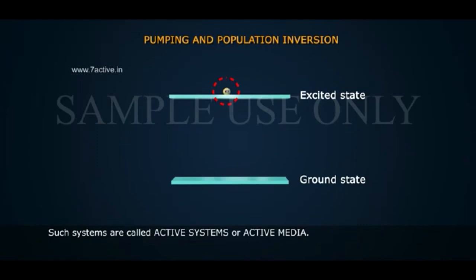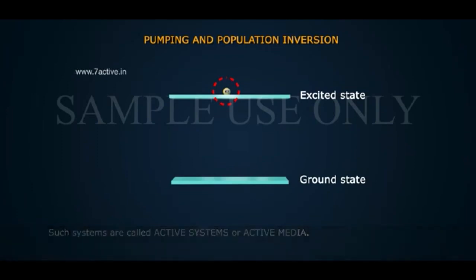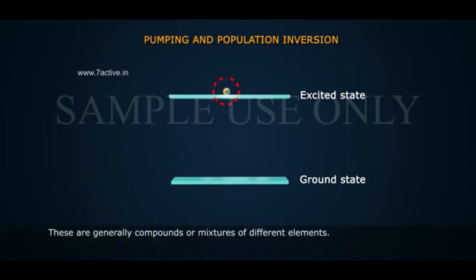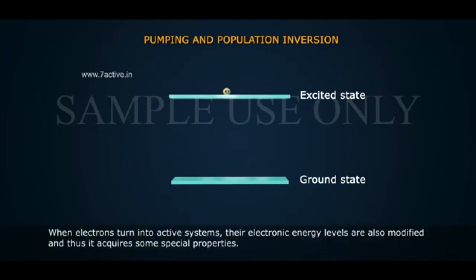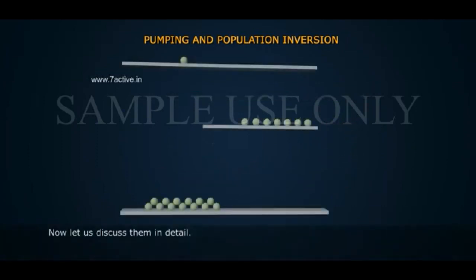Such systems are called active systems or active media. These are generally compounds or mixtures of different elements. When electrons turn into active systems, their electronic energy levels are also modified, and thus it acquires some special properties. Now, let us discuss them in detail.